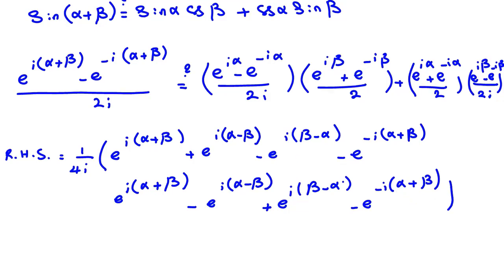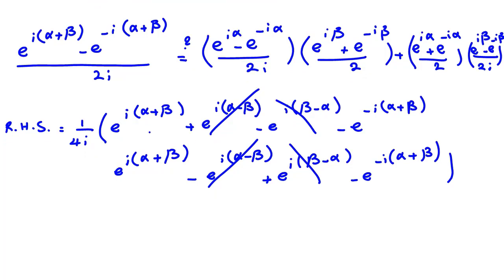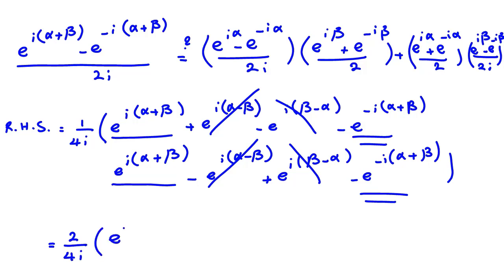Okay, let's simplify. I alpha minus beta here we can cancel because it's plus minus. Beta minus alpha again, plus minus, we can cancel. And from each of them, here we have 2 from this and 2 from this. So it will be 2 over 4i, e to the I alpha plus beta minus e to the negative I alpha plus beta.